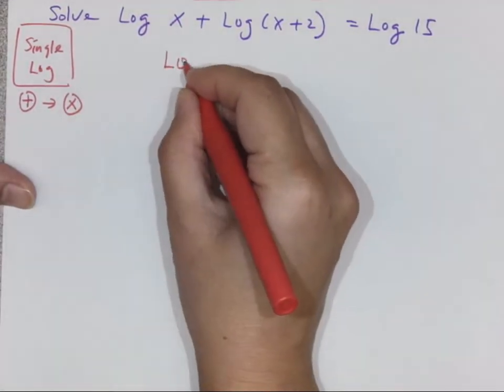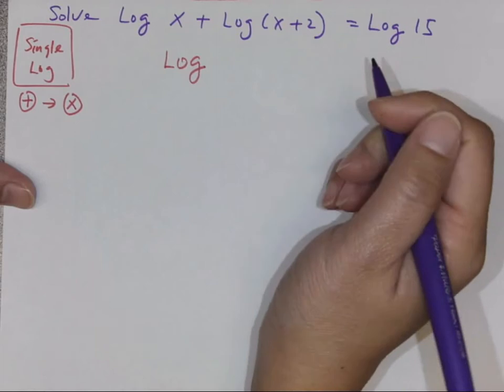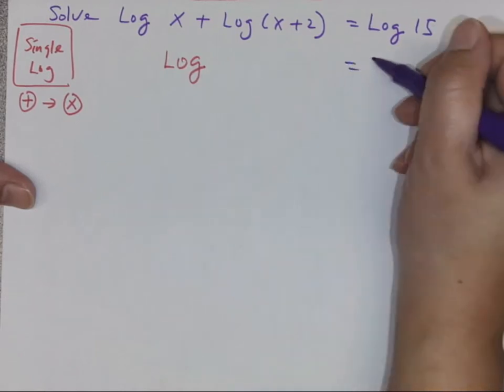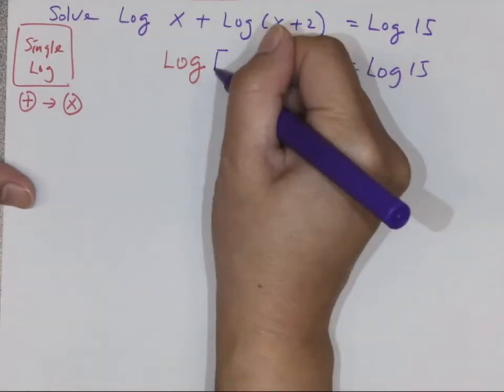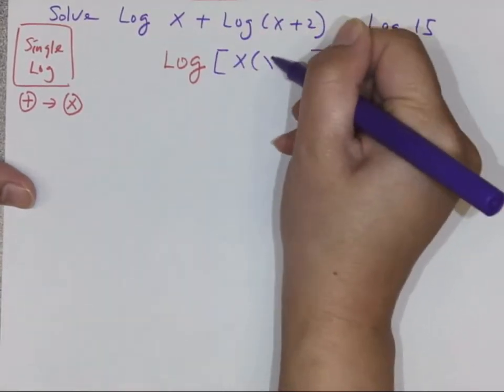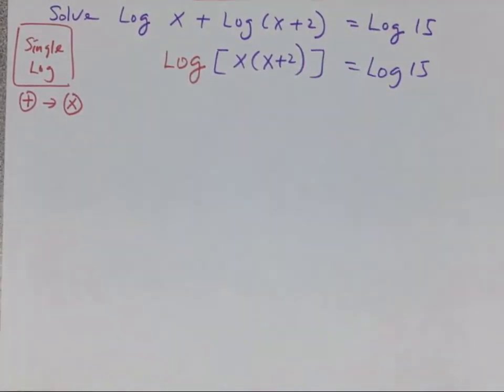Okay, so it would be log of what? x times (x plus 2). Okay, when I get to here, can I cancel the log? Why not?